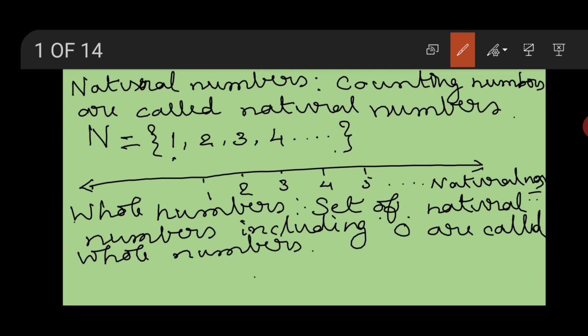And it is denoted by the letter capital W. It starts with the 0 and all natural numbers 1, 2, 3, 4 and so on. Here whole numbers begin with the 0 and end with, do you know the end of the whole numbers? No, it is unknown, endless.